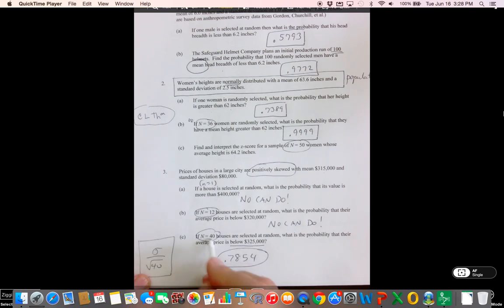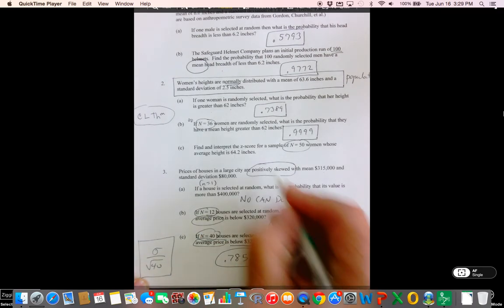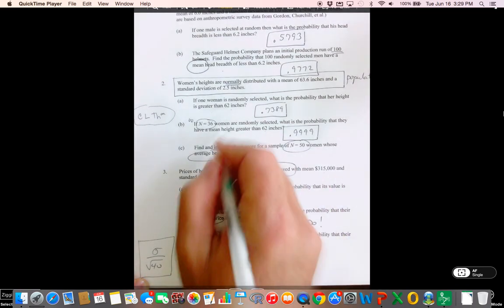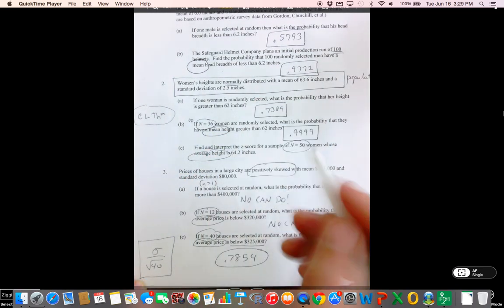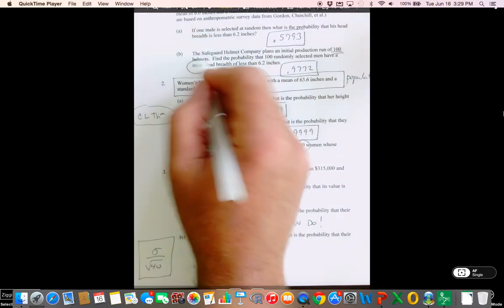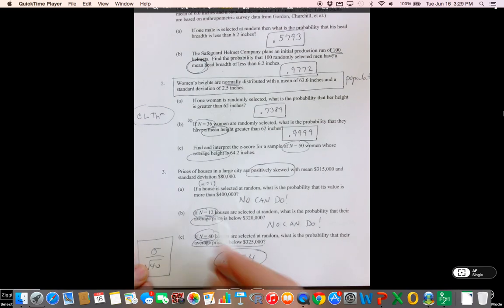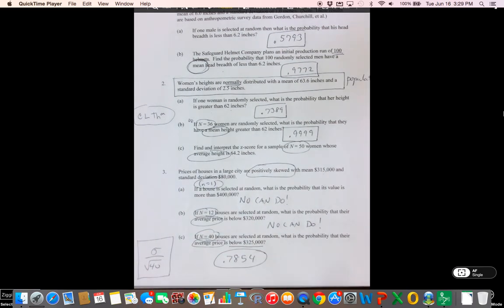And there are these key words: average, average height, mean. All these key words that tell you you're dealing with a mean and average, so the central limit theorem kicks in. Back here, when you're dealing with one person, central limit theorem doesn't kick in.